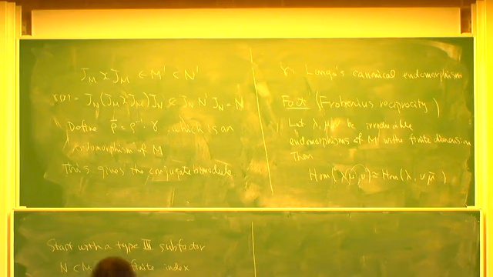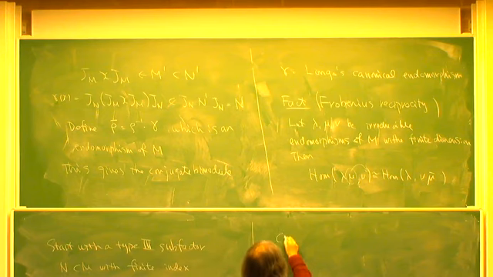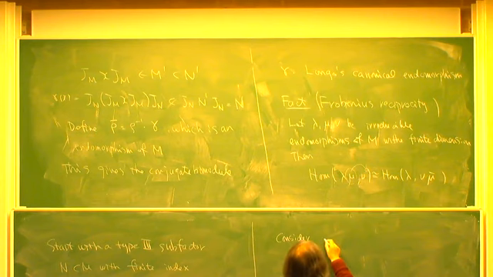So we start with this setting. Now we have an endomorphism rho. Then we consider a sequence of endomorphisms.